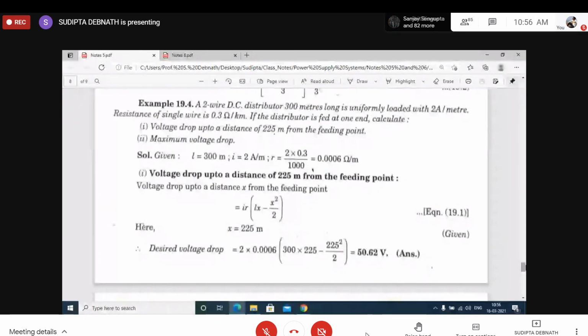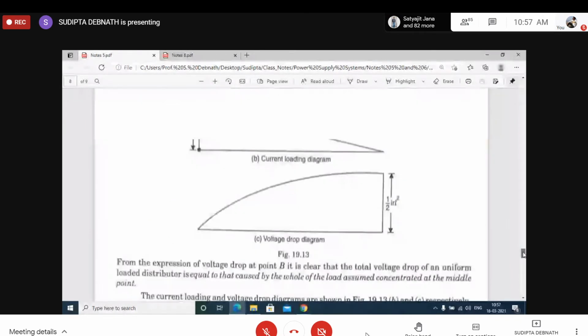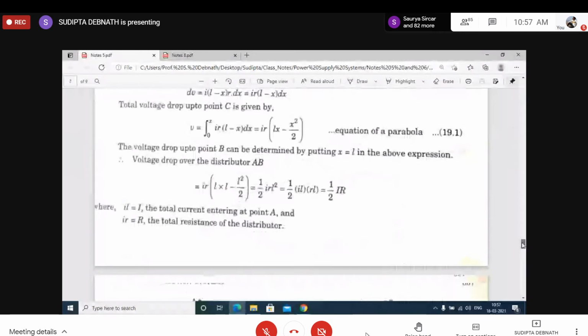If the distributor is fed at one end, calculate the voltage drop up to a distance of 225 meters from the feeding point and the maximum voltage drop. You can directly use the formula. What is the voltage drop at a distance x? It is this one. So just substitute the given distance in place of x.